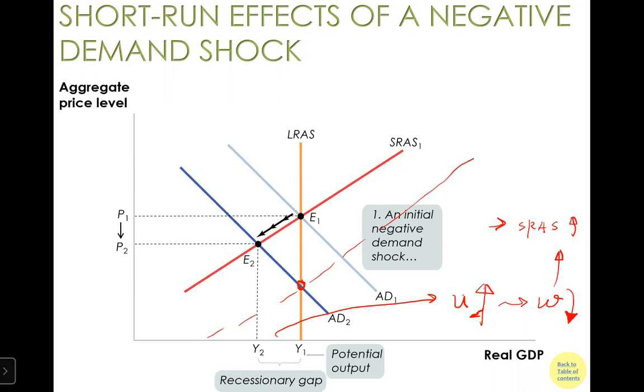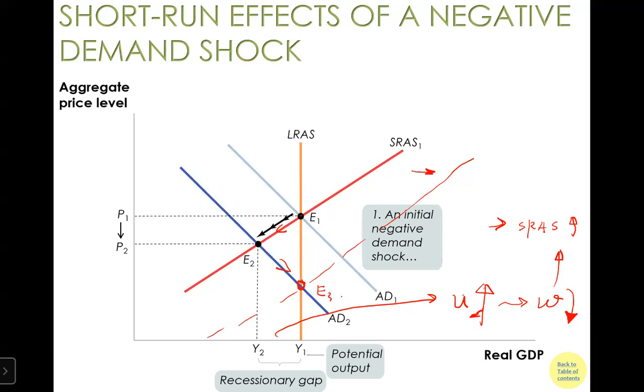In other words, first we move from E1 to E2, and then because aggregate supply increases as a response to the change in the labor market, we move from E2 to maybe called E3.